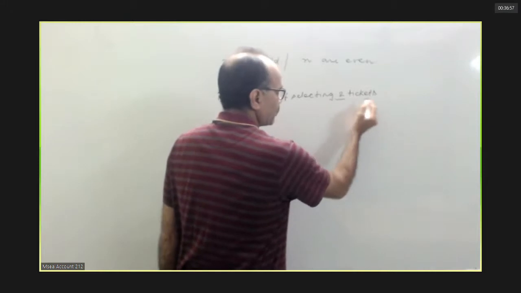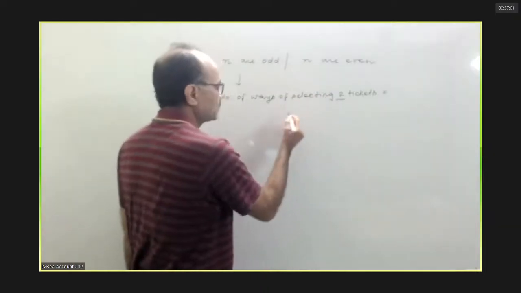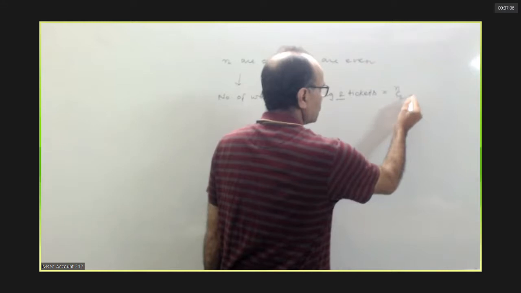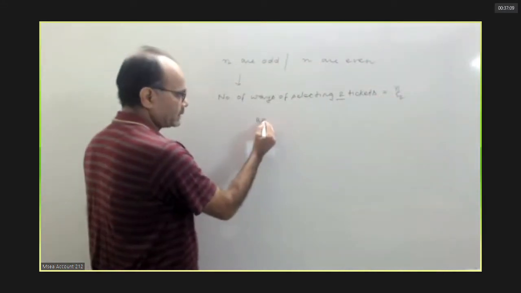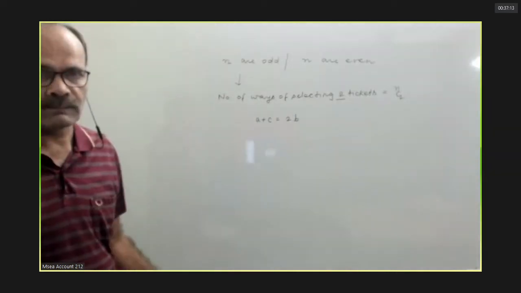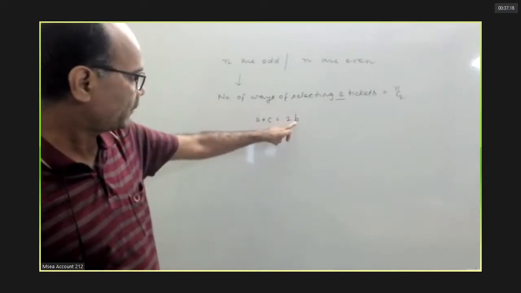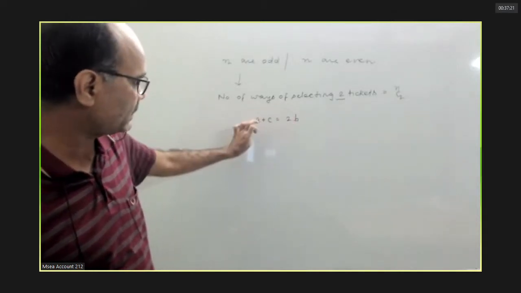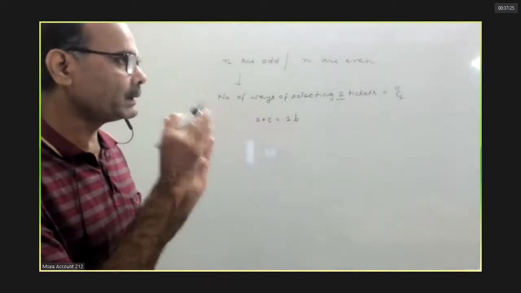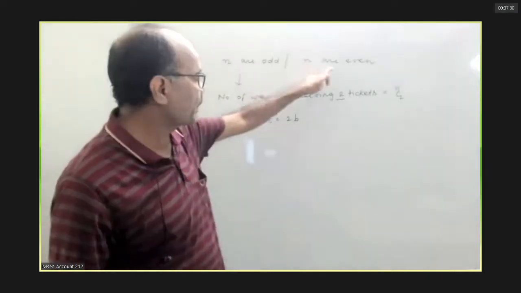I'm selecting only 2, A and C. I'm using that A plus C is twice B. Once I select A and C, B is automatically fixed, because we have to select 3 tickets A, B, C, and I'm selecting only A and C because B becomes fixed. B will be from either this group or this group.